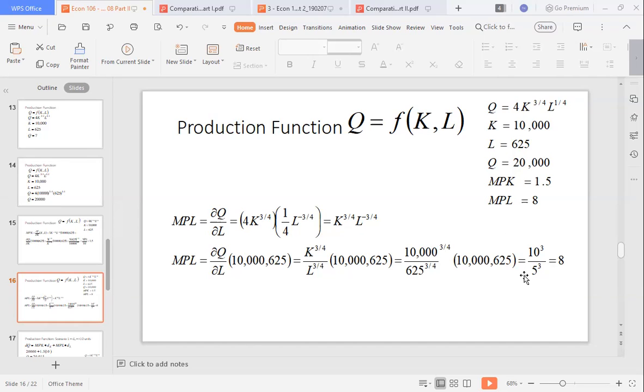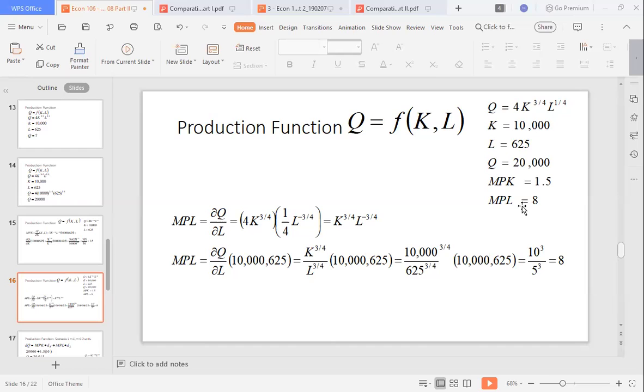Okay. We also simplified here, and since the values are already substituted, we get an answer which is equal to 8. Okay, so now in this case, class, when we go back to the definition of MPK, we say that we allow a 1.5 increase in capital. We are also holding labor constant here, and for MPL we're allowing an 8 unit increase in labor.